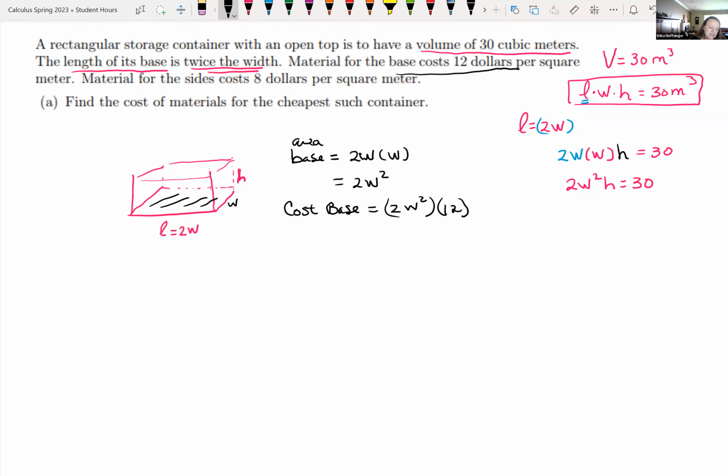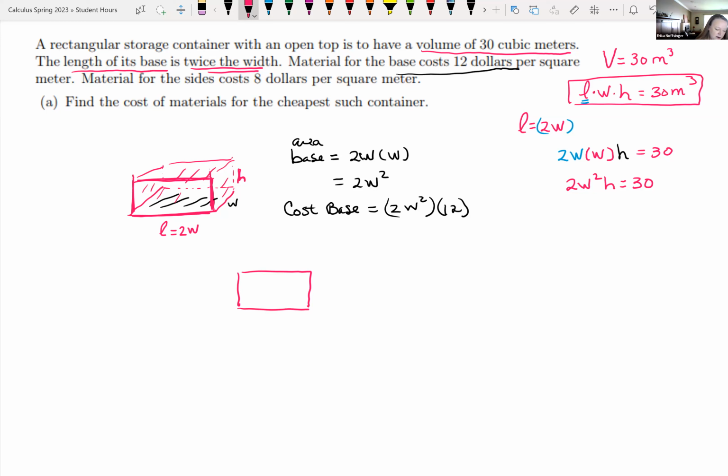So the cost of the material for our other sides. So the sides of our box. Okay, so if I look at this piece right in here, we have two pieces. Let's just look at this one, this front piece and the back piece, if I'm looking straight on it.